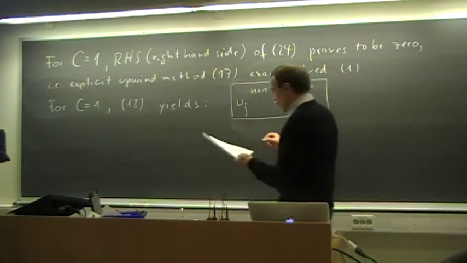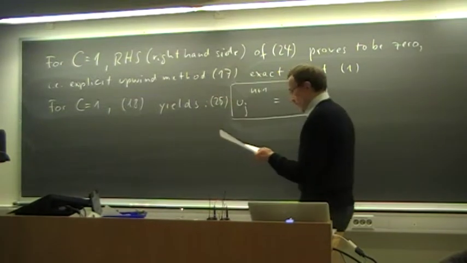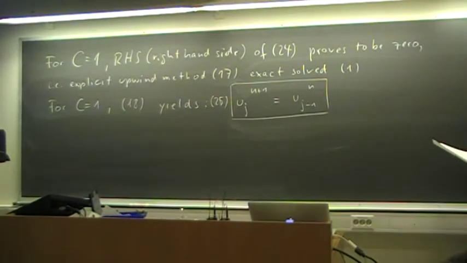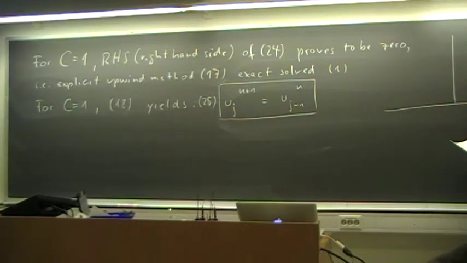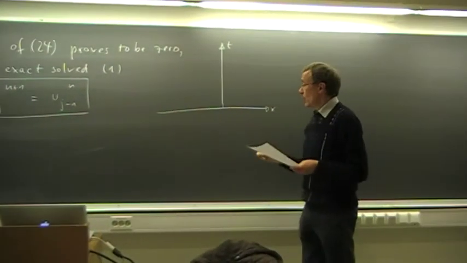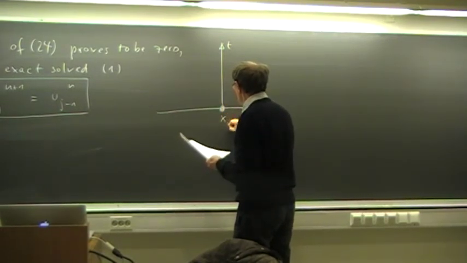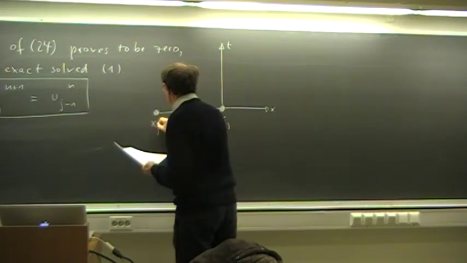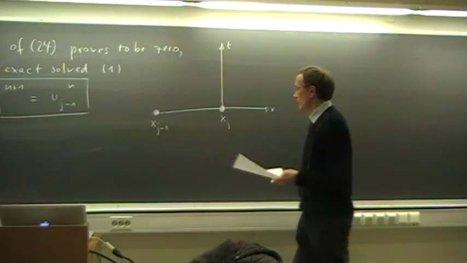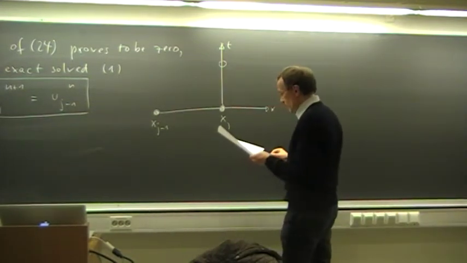We give this a number, 25. And it says the following. If we look now in the xt diagram, where we have our unknown, say here, x_j, and we assume we have our unknown u_(j-1), this grid point x_(j-1), we want to determine the solution at the new time level.